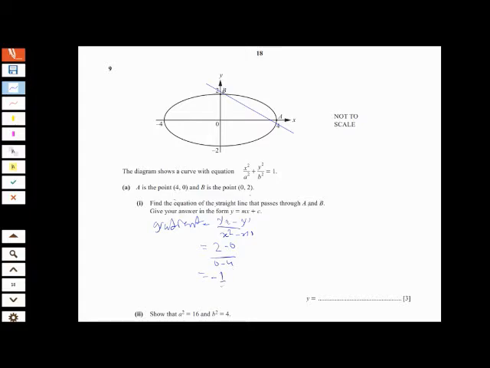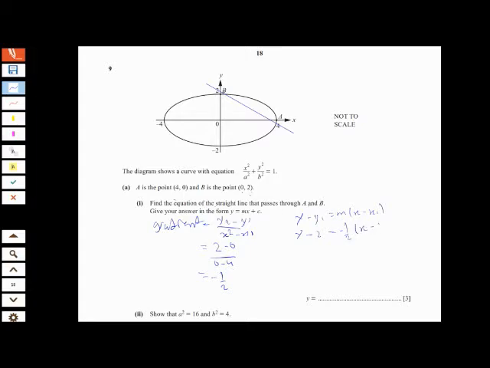So that's the gradient. Now using this to find the equation: y minus y1 equals m, which is the gradient, times x minus x1. Now choose either point, 0, 2 or 4, 0. Let's just take 0, 2. So y minus 2 equals m, which is negative half, times x minus 0.